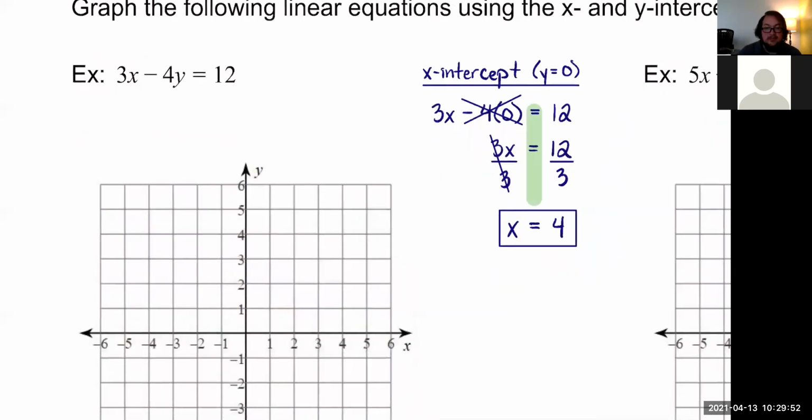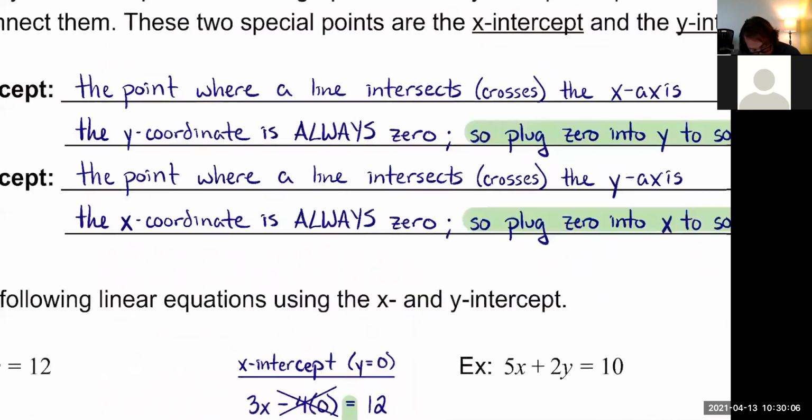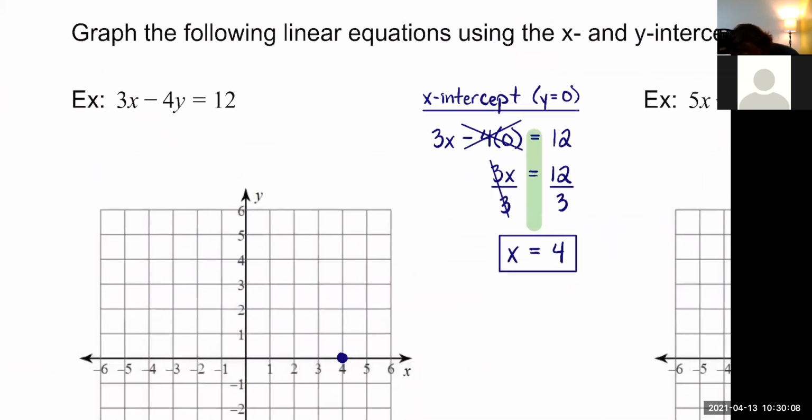So where am I going to put that point on the x-axis? 4 over to the right, because I'm looking for the positive 4. So I put my point. You can also rewrite it as an ordered pair. Yep. Because our x coordinate is 4, the y coordinate, which we already knew about, was going to be 0. So it's just describing the ordered pair (4, 0). Good question.